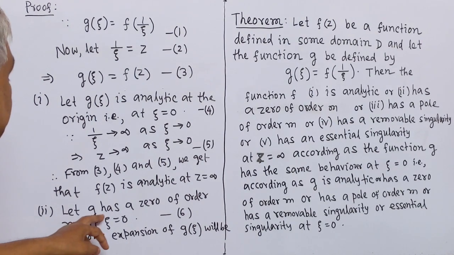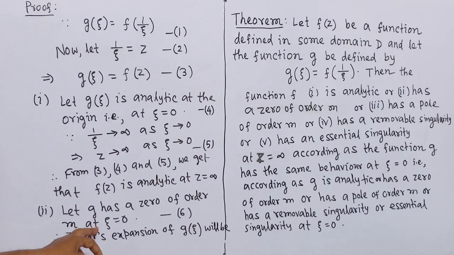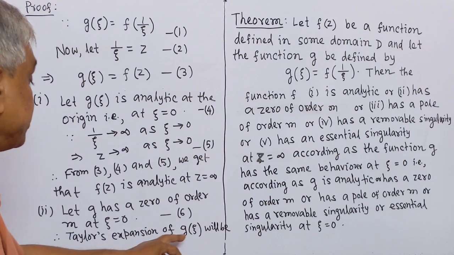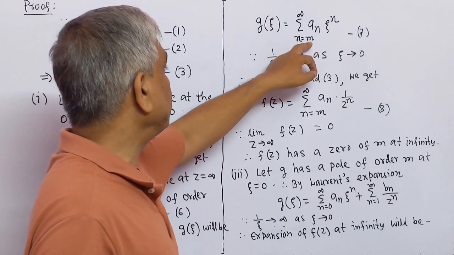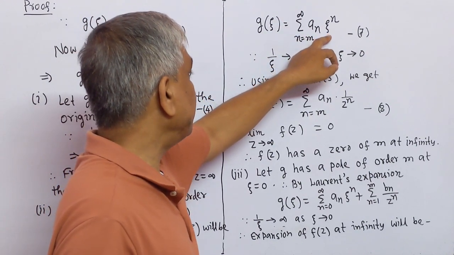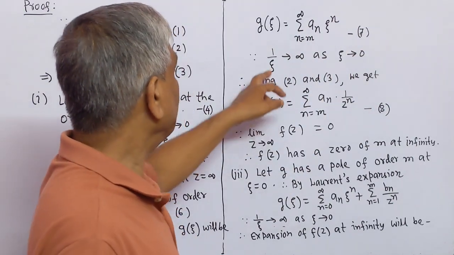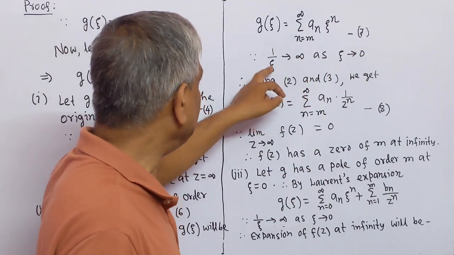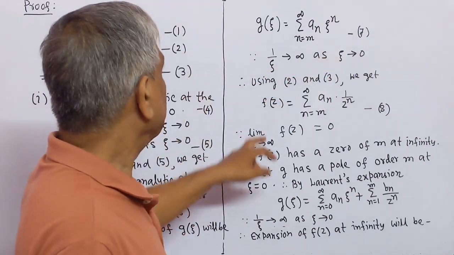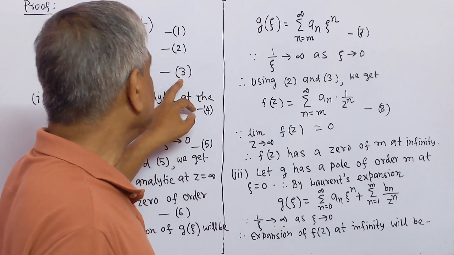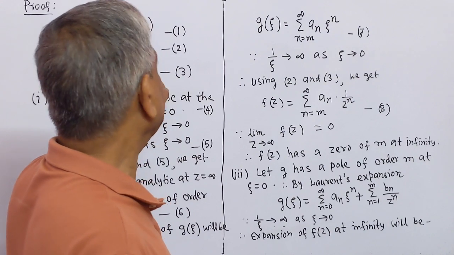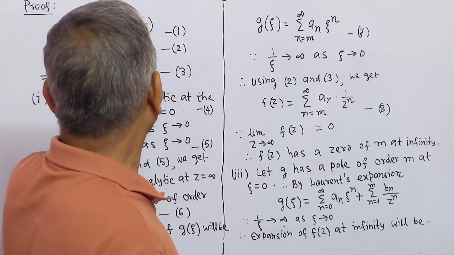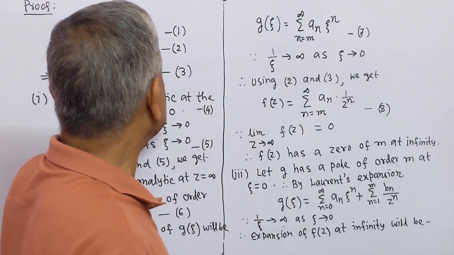Number 2, let g have a zero of order m at ξ equal to 0. Therefore, the Taylor expansion of g(ξ) will be g(ξ) = sigma n equal to m to infinity a_n ξ^n. Since 1/ξ tends to infinity as ξ tends to 0, therefore using 2 and 3, we get 1/ξ equal to z, and in 3, g(ξ) equal to f(z).